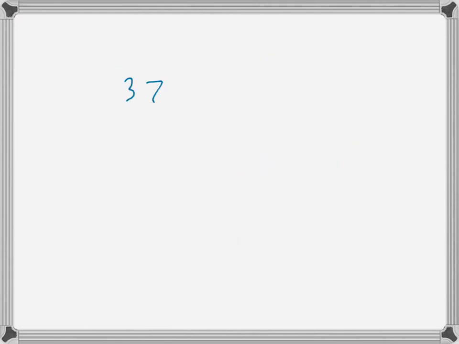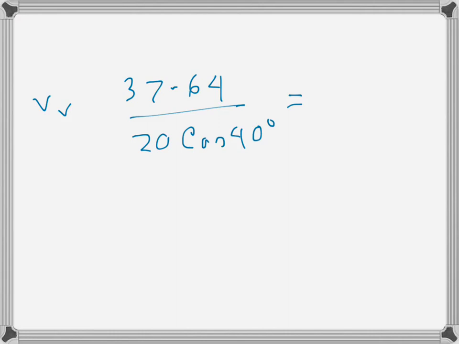So 37.64 is the vertical component of the velocity, and the horizontal component is of course the same as before, 20 cos 40 degrees. The vertical one divided by the horizontal one is the tangent of the angle, if we say the angle is theta.